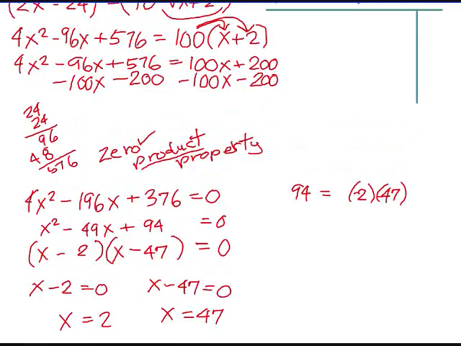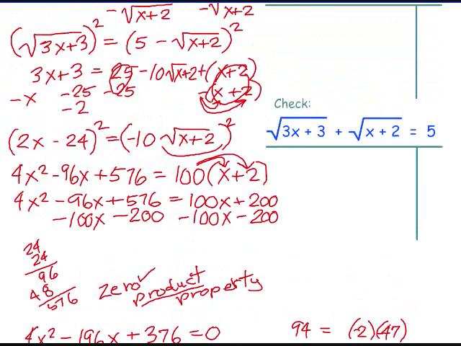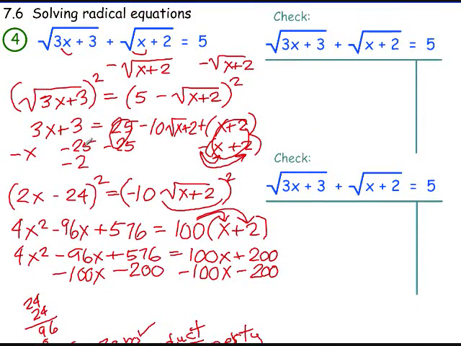Let me get back up here. So we know we've got to look at either 2 or 47. So let's try them out. So I'm going to do the square root of, we're going to try 2 first. 2 times 3 is 6 plus 3.